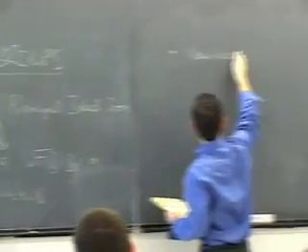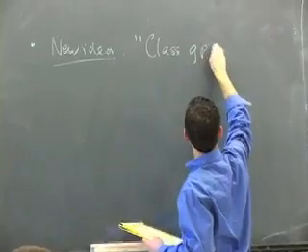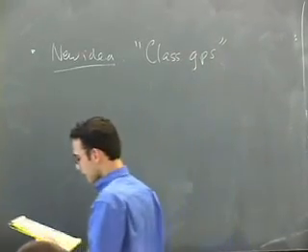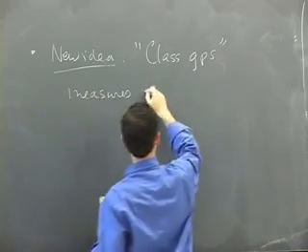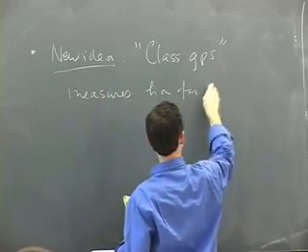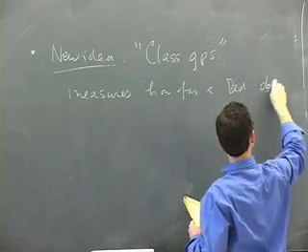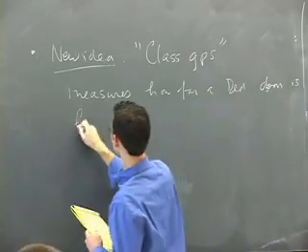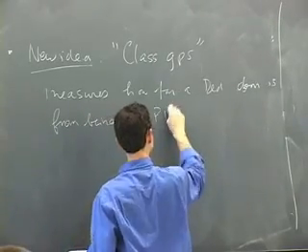So this is a new idea, and that is class groups. This measures how far a Dedekind domain is from being a PID.